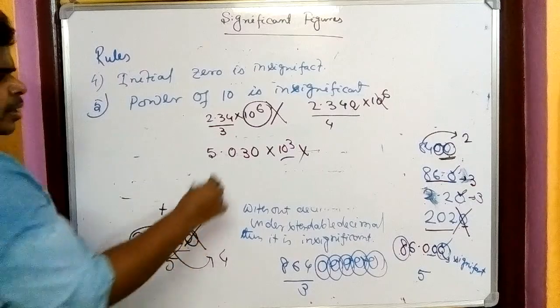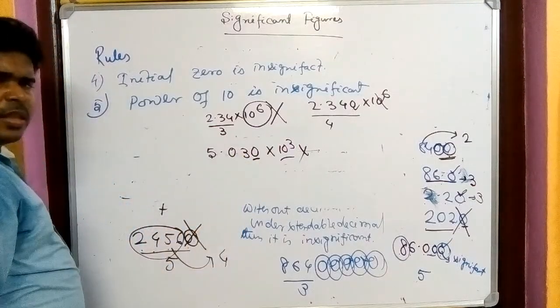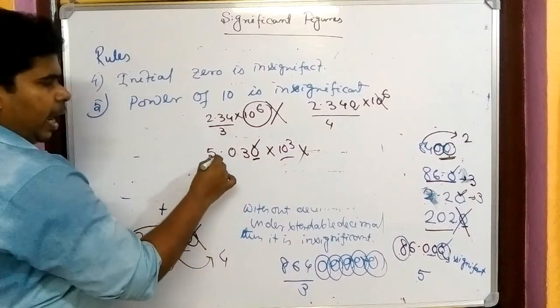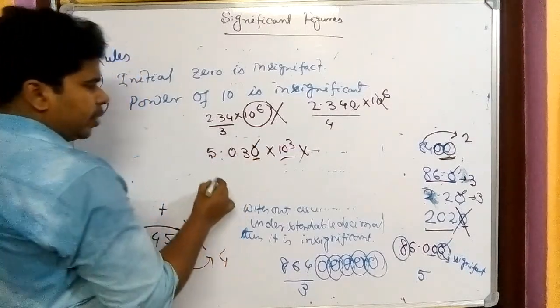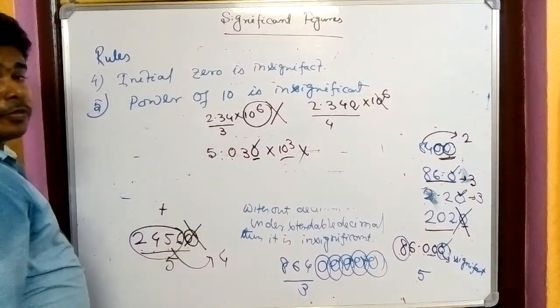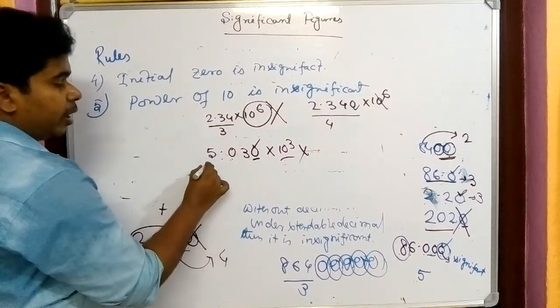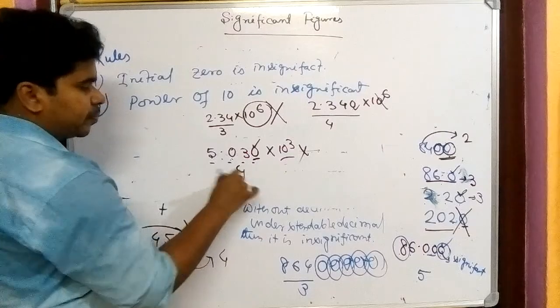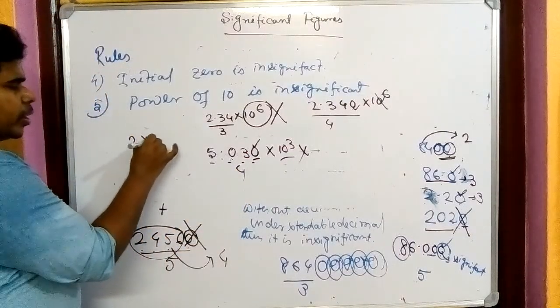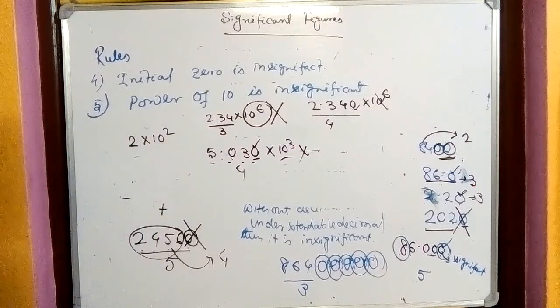This 0, yes sir, it is significant because it is ending and it is after decimal, and this 0 is trapped between two significant figures, so this is also significant. 1, 2, 3, 4.